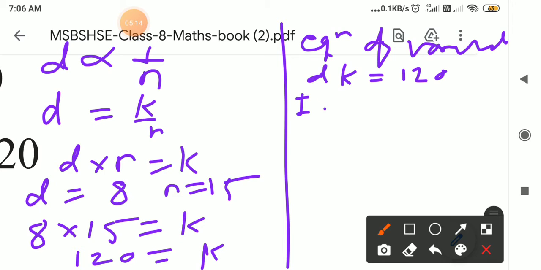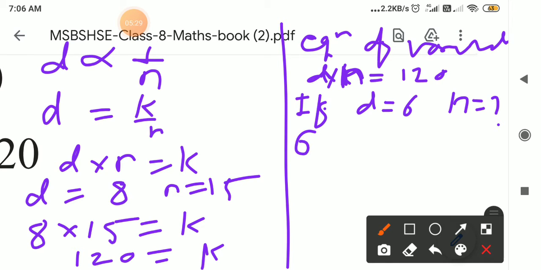Now if d is equal to 6, n is the question mark that we have to find. So with d equal to 6, d into n is equal to 120.